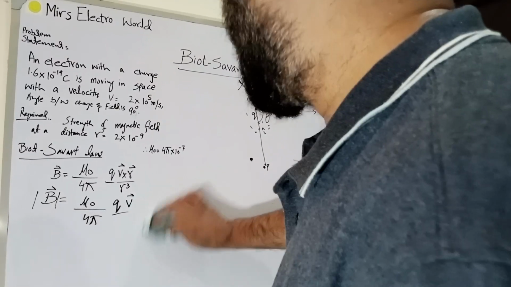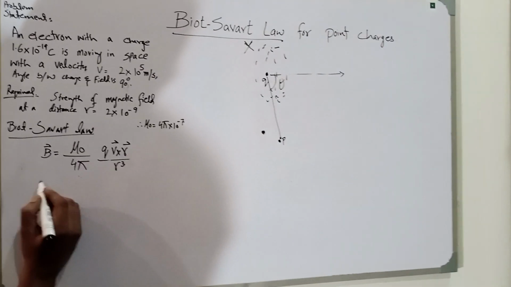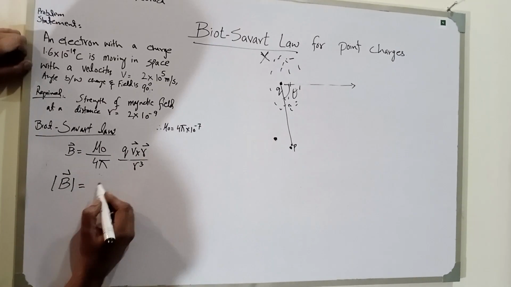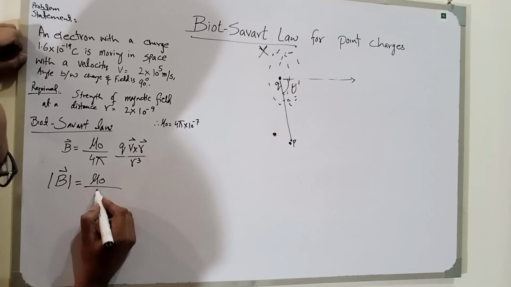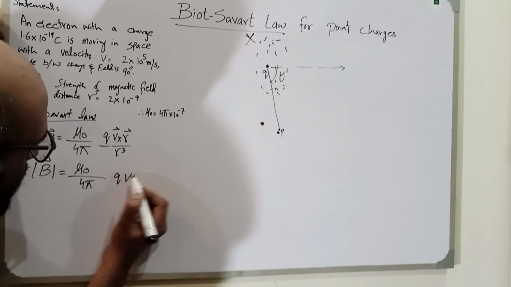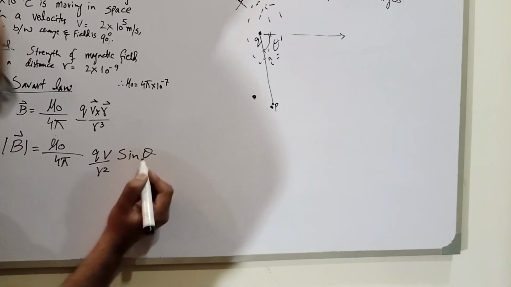Let's do the little calculation here. The magnitude we are calculating is equal to mu naught over 4 pi, into qv divided by r squared sine theta.